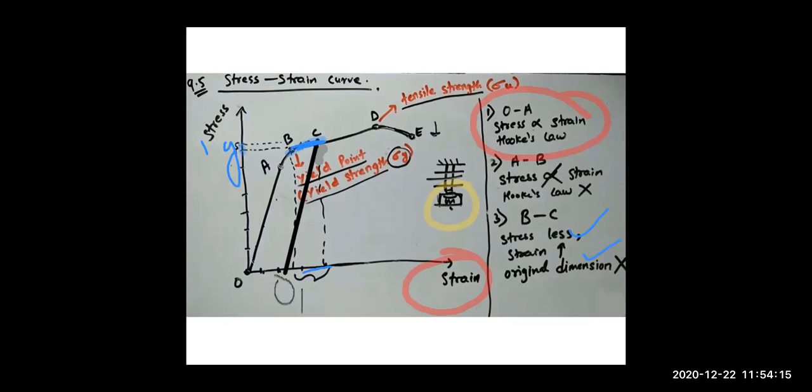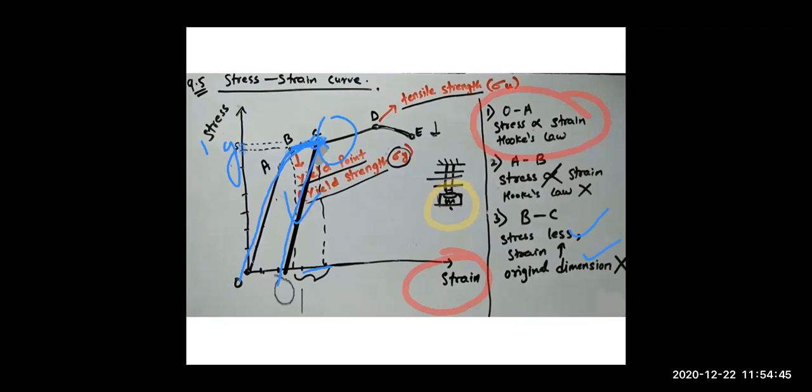And if from point C you remove the load, the weight, then it will not regain its original shape and size. It won't follow C to B, B to A and O. It will follow the path that is CO dash, right?